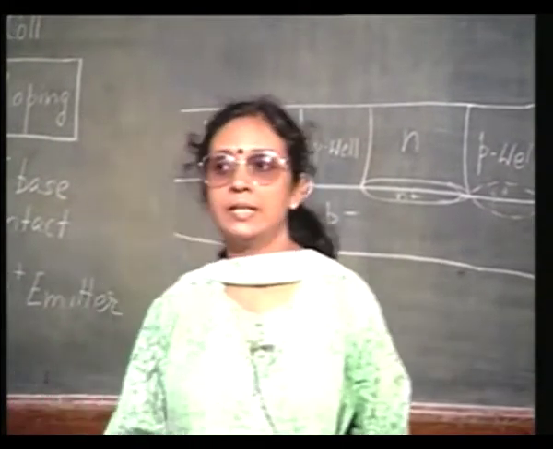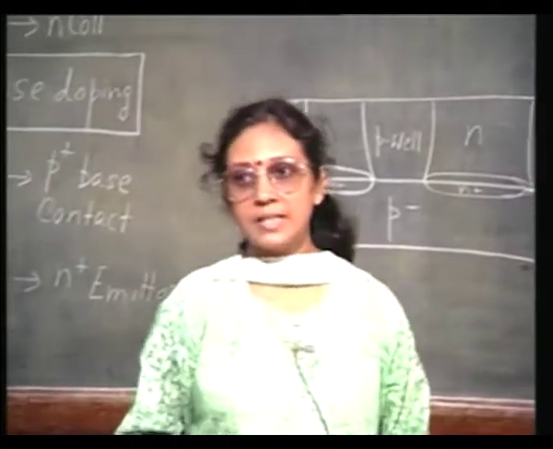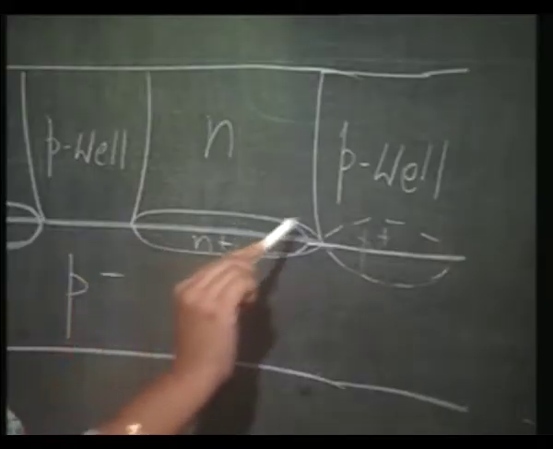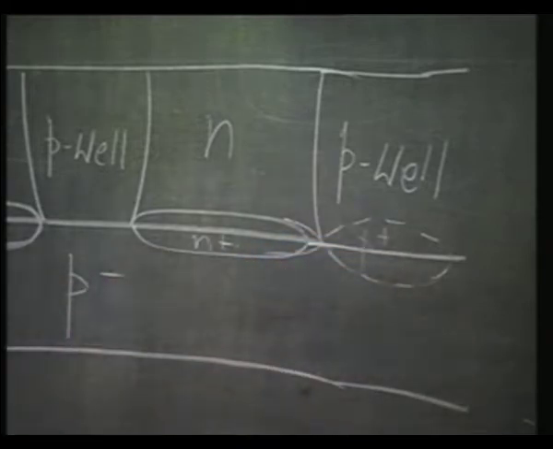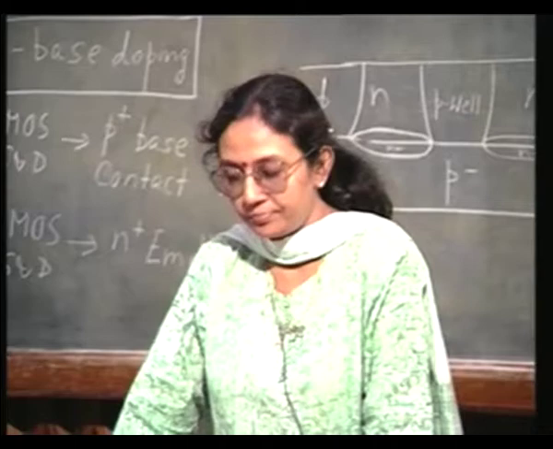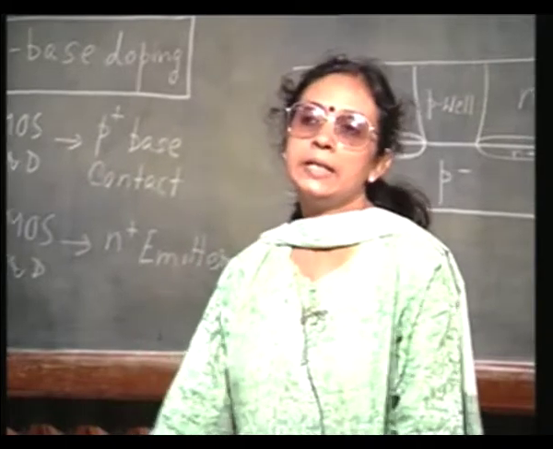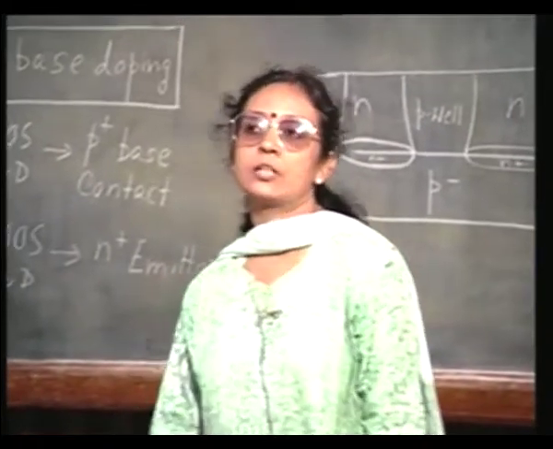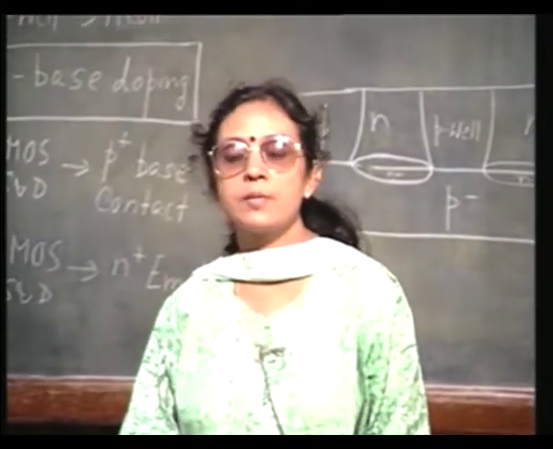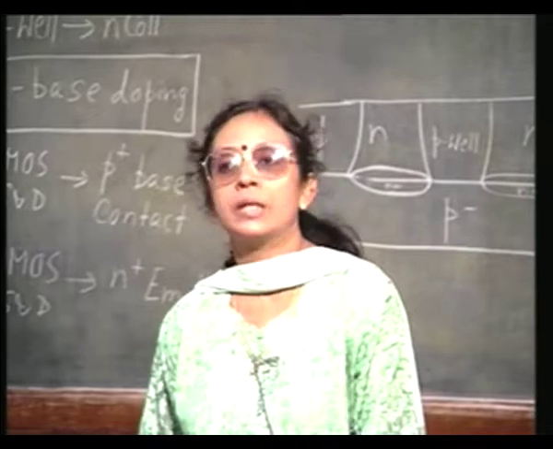So, we say fine, let us add one more step, let us have, just like we had N plus buried layers, let us also have P plus buried layers, so that the punch through problem is reduced and we could have better packing density. In this way, as the technology evolved, we found that a lot of steps can be put together.